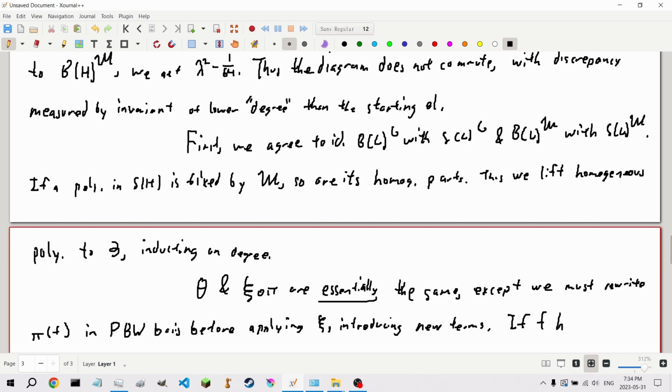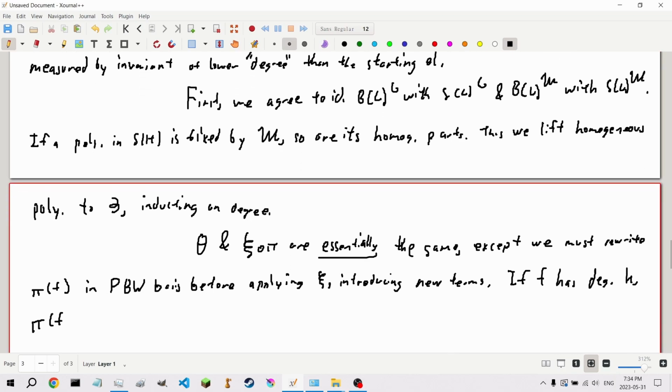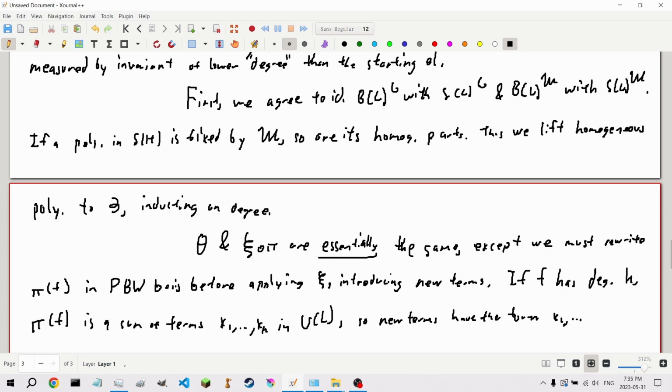If f has degree k, then pi f is a sum of terms x1 through xk in the universal enveloping algebra of L. So the new terms obtained by commuting have the form x1 through xj for j less than k.